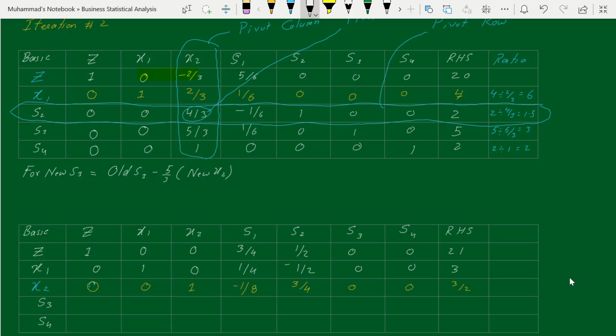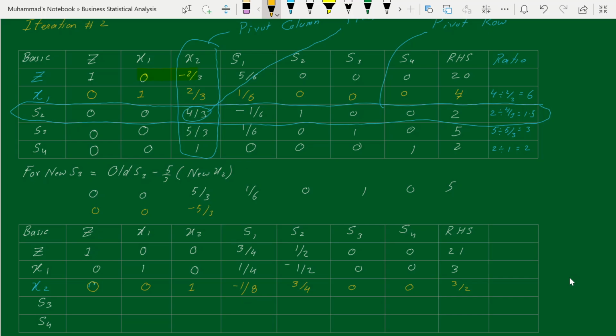So first of all, I will write S3: 0, 0, 5 by 3, 1 by 6, 0, 1, 0, and 5. Okay, so now I will multiply minus 5 by 3 with each element of this x2 row. If I multiply 0 by minus 5 by 3, it is 0, 0, and this would be minus 5 by 3.